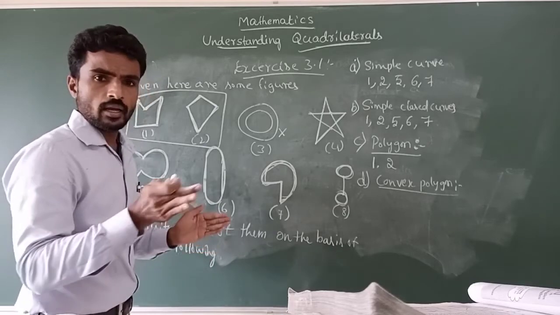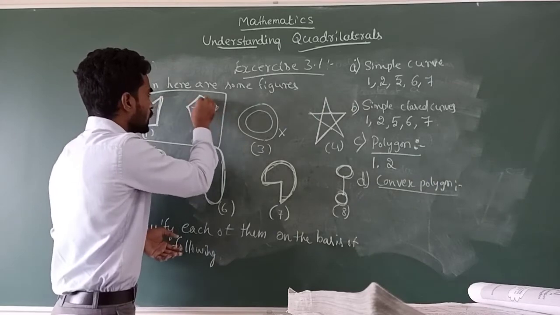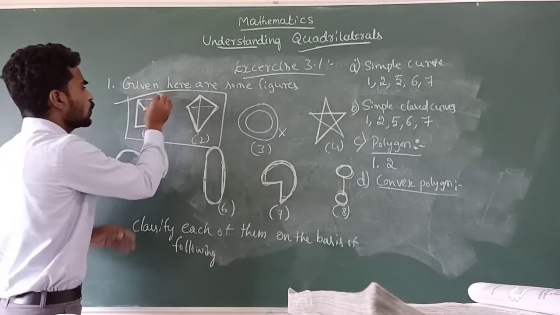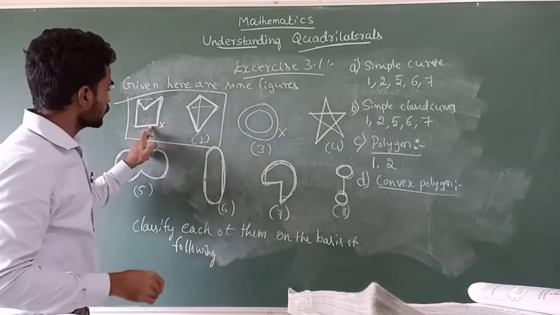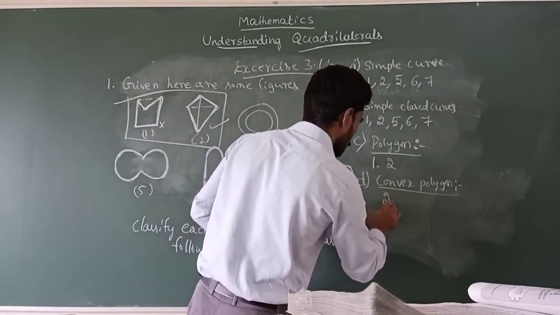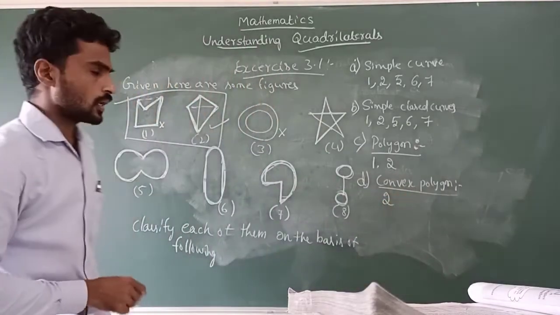Otherwise, all diagonals are inside the polygon. Here we can easily draw diagonals. Here one is outside the polygon. Therefore it is not a convex polygon. It is a convex polygon. In figure 2 is the example for convex polygon.